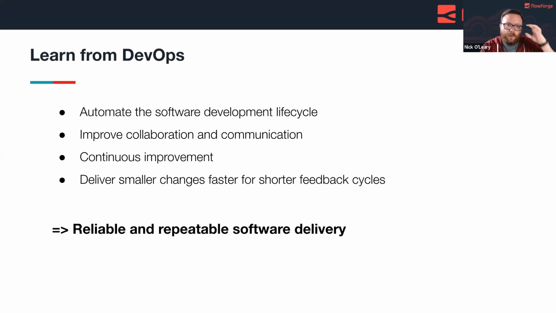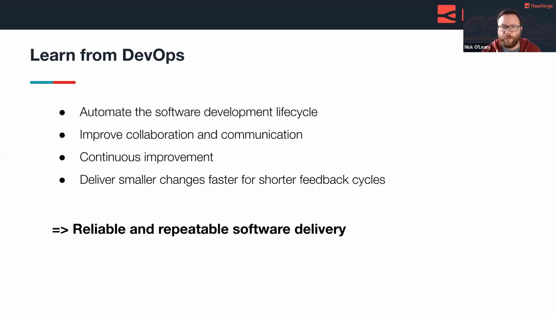So yeah, learning from DevOps, as I said, that these are all very common practices in, well, what's the opposite of low code? High code, messy code? I don't know. Lines of code development practices. Yeah, we want to help people automate their software development lifecycle.